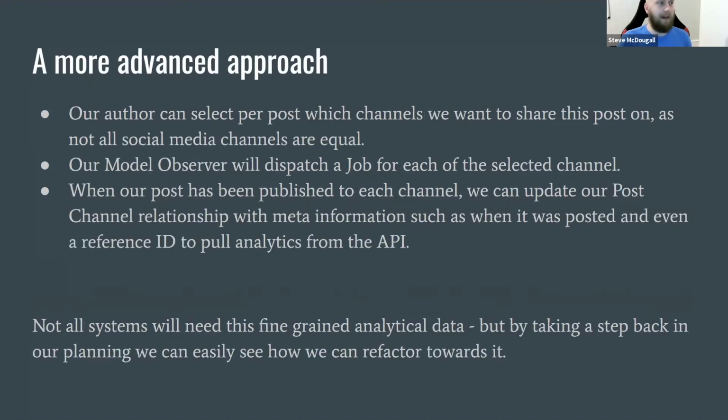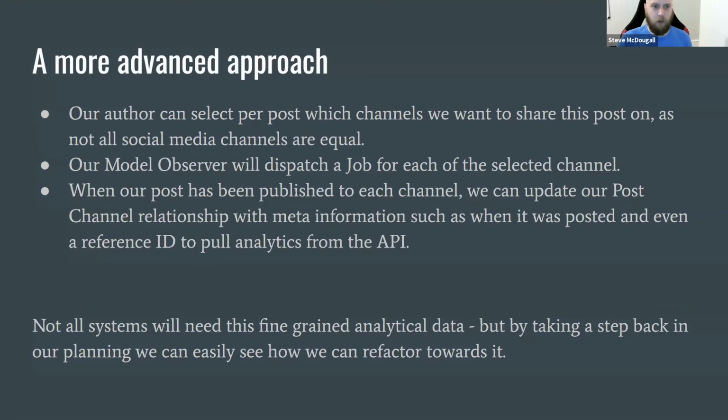So a more advanced approach would be that you allow your user or the author to select multiple channels, whichever channels they want to post to. And then the model observer will dispatch a very specific background job for each social media channel they want to post to.